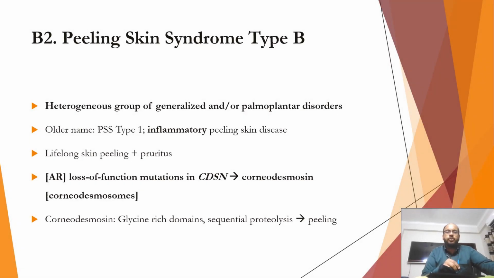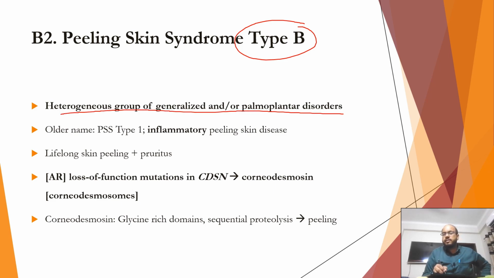So after Netherton syndrome, we go with peeling skin syndrome, the second disorder in disorders of cornification. So peeling skin syndrome type B, the second type. So peeling skin syndromes are a heterogeneous group of generalized and or palmoplantar disorders. What do we mean by that? It means that it's a group formed including all the disorders in which there is peeling of skin.